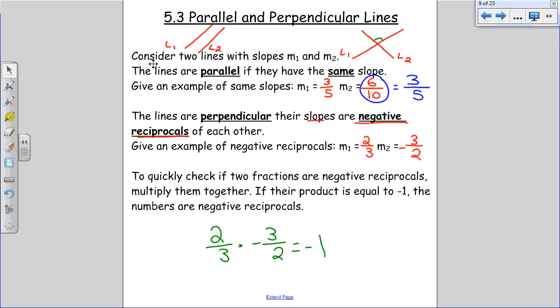If those two things multiplied together don't equal negative 1, they're not negative reciprocals of each other. So it's a quick way to check. Just multiply them together, put a little dot there. Make sure if you're doing it in your calculator, you put brackets around the fractions so you don't accidentally do something crazy.